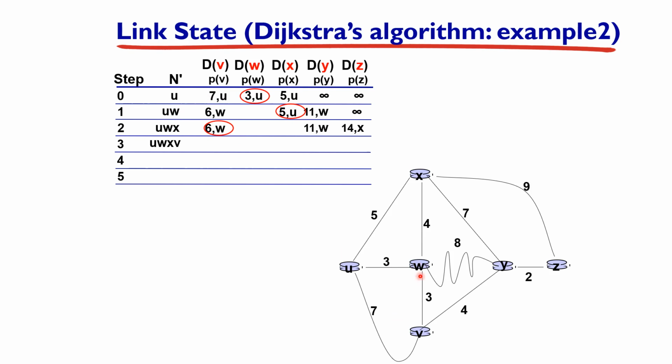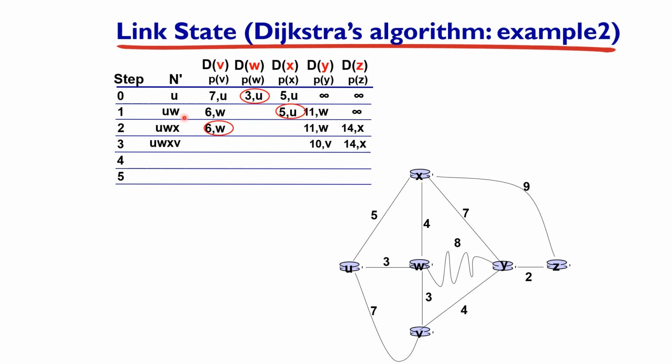UW 3 plus WV 3, so total 6 through W. Whichever is shorter, that will be written here. So 6W is the shortest path.